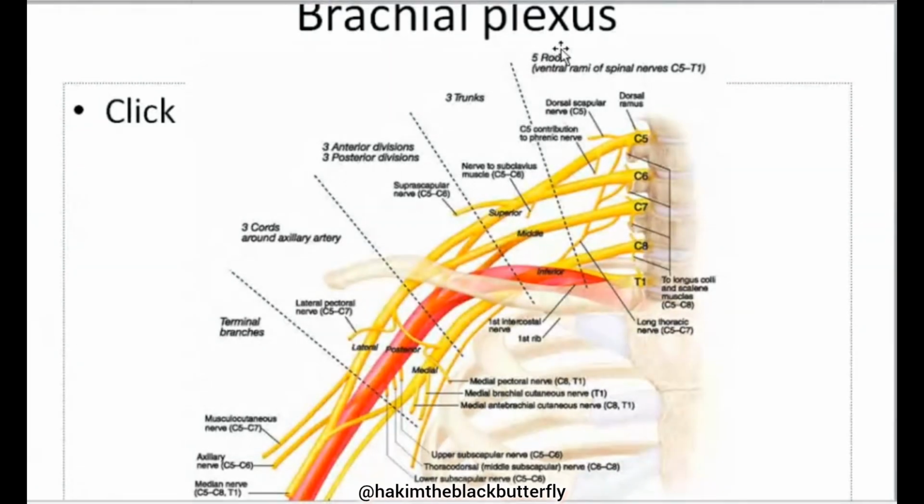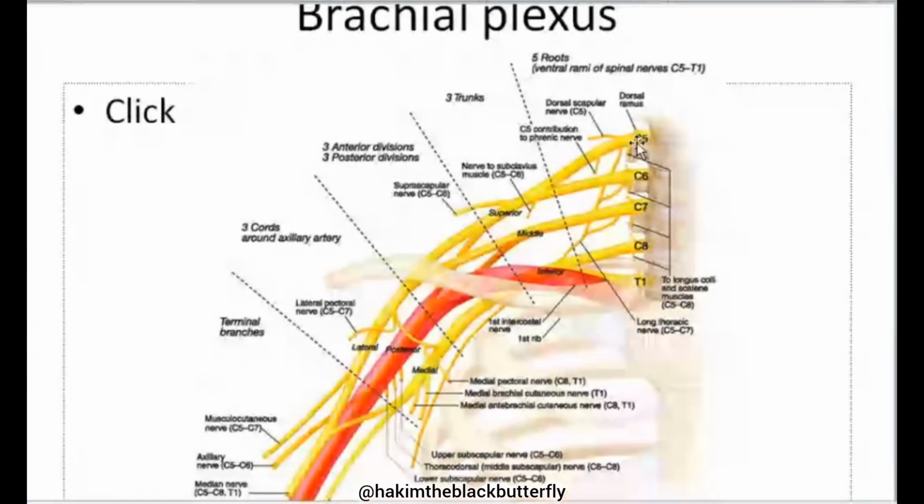So whenever they are talking about the roots of the brachial plexus, they are referring to C5, C6, C7, C8, and T1. You see, when these spinal nerves exit the vertebral canal from the spinal cord, they give off two branches.